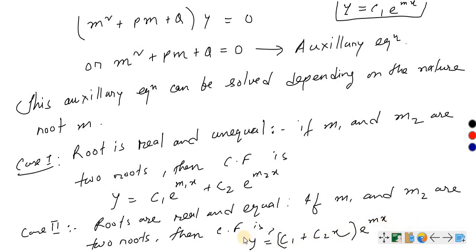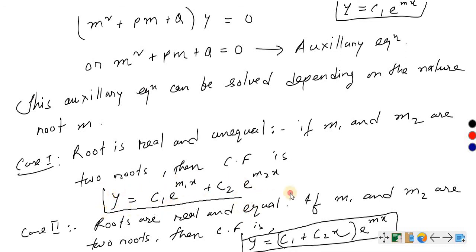So this is the complementary function here, remember, for the real and equal roots, and this is the complementary function for real and unequal roots. Okay, so these two cases you must note down.